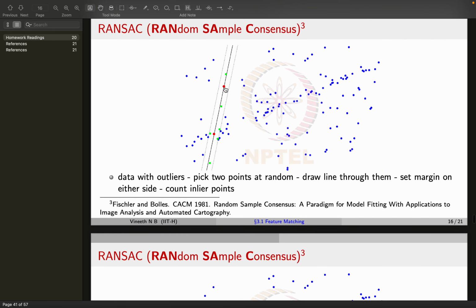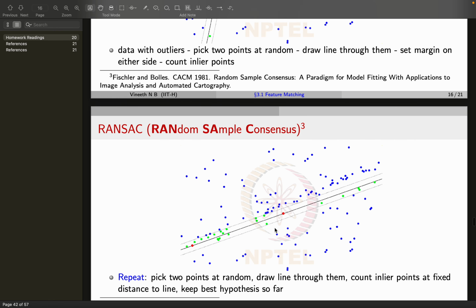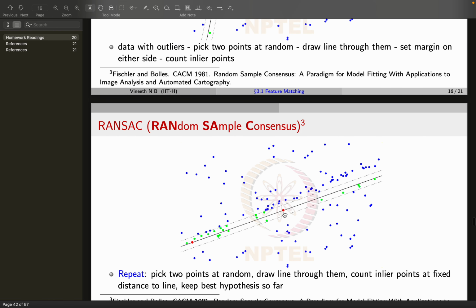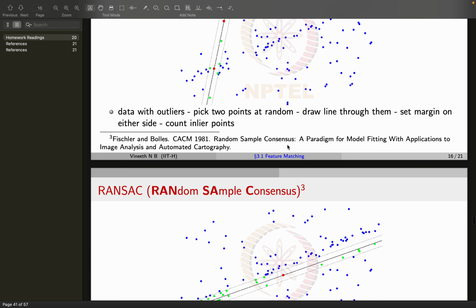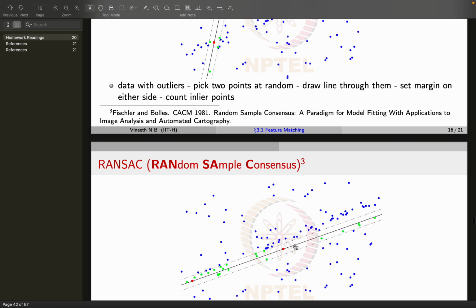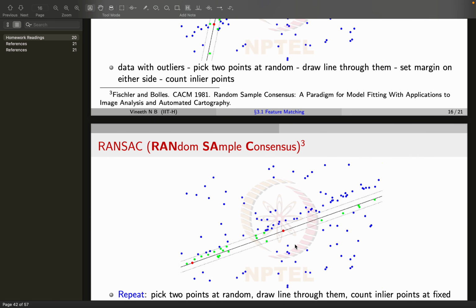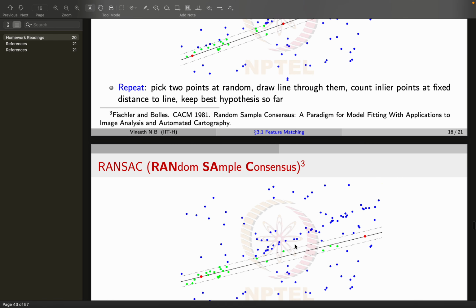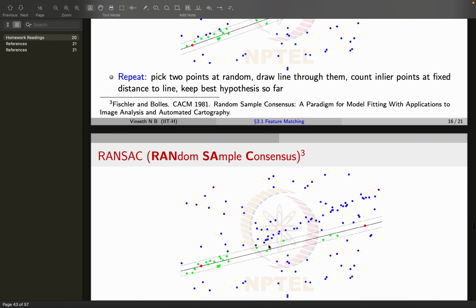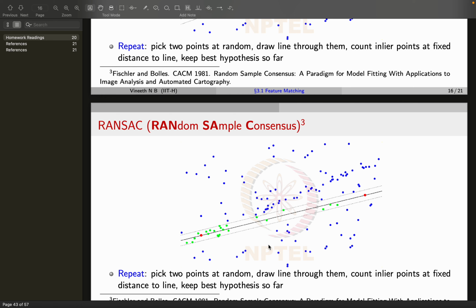Compared to the previous 2 points, this is a better fit, right? This is closer to my best hypothesis, so this is a better model than the previous one. So I update and store this as the best model I've seen so far. Then I again sample another 2 points, do the same thing, and calculate inliers. The number of inliers should be maximum, and that is the best fit.